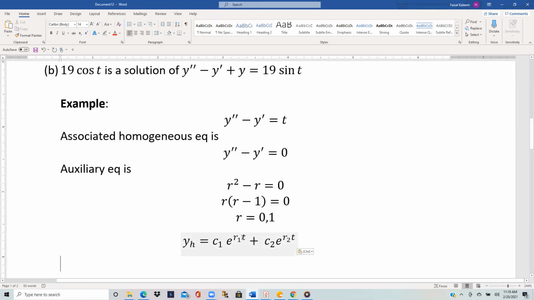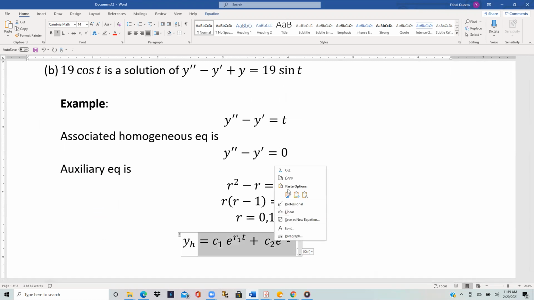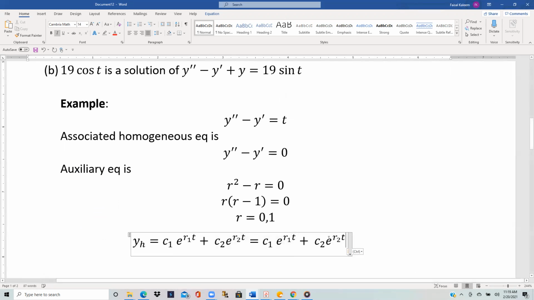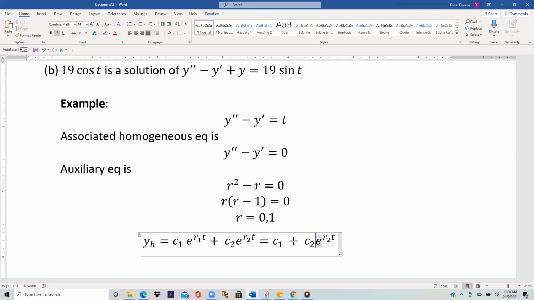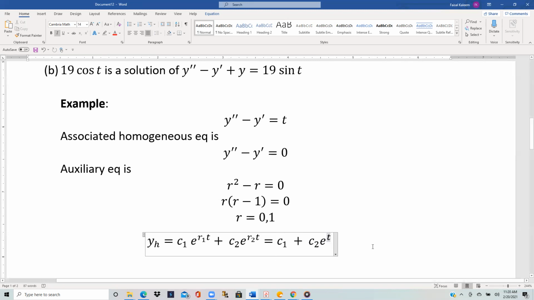And r1 is 0, so we can just copy: C1 e to the 0t would just be C1, and e to the 1t, r2 is 1. Okay, so that's the general solution.